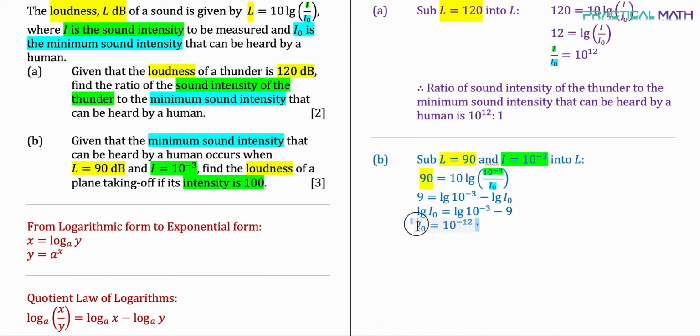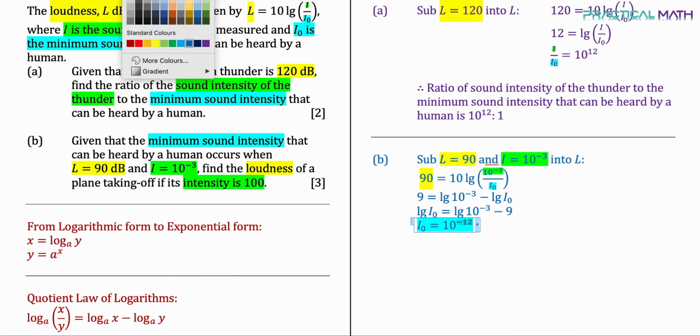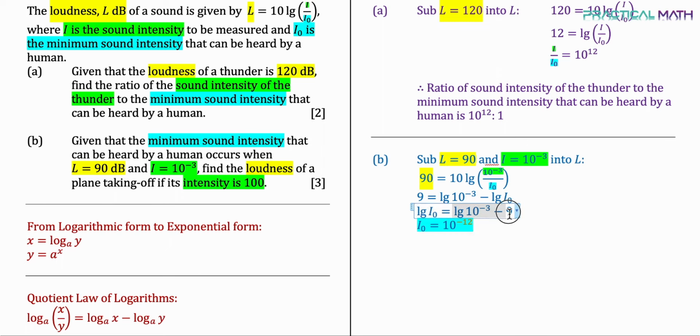So this is exactly what we need to replace inside. This negative 12 here refers to this number that we have. If you press the calculator, this is negative 12.